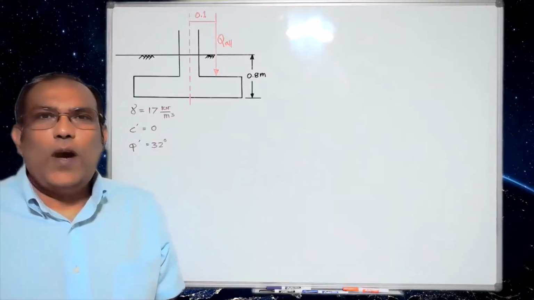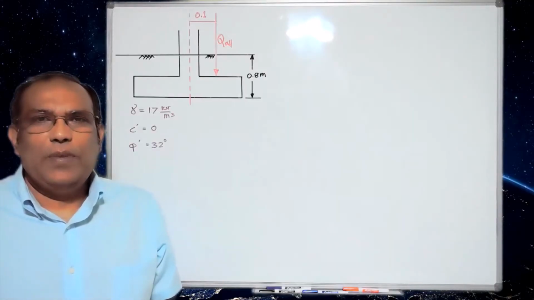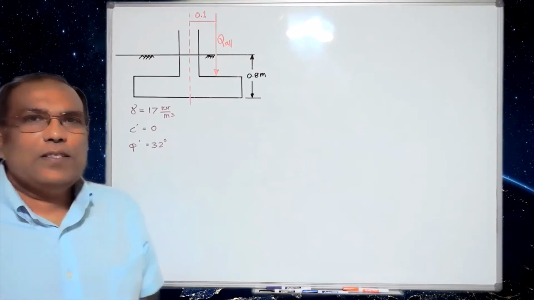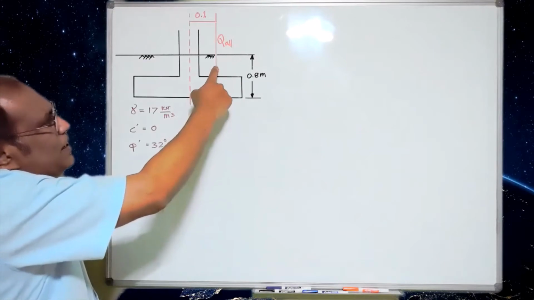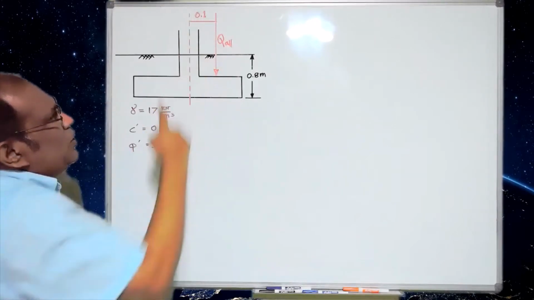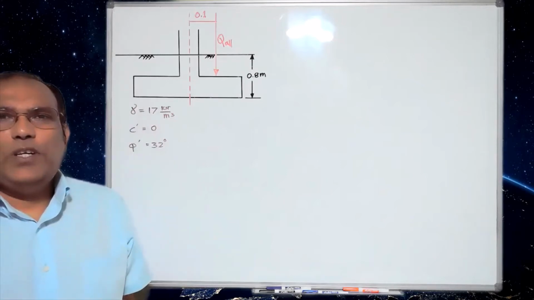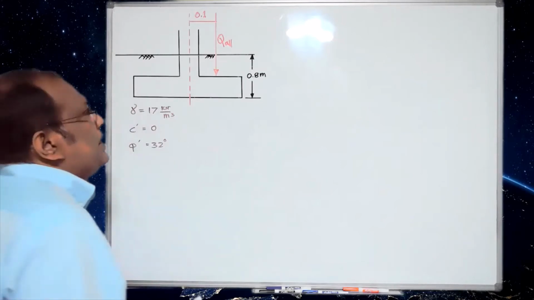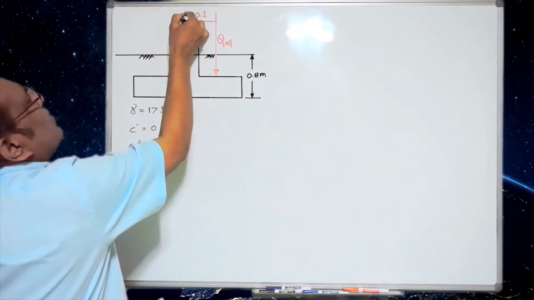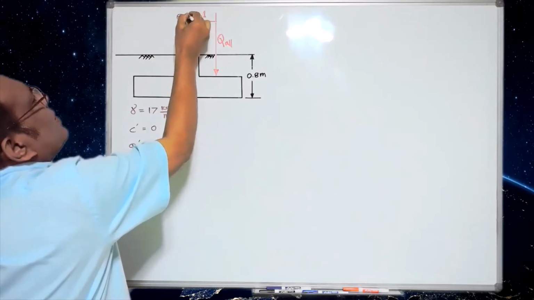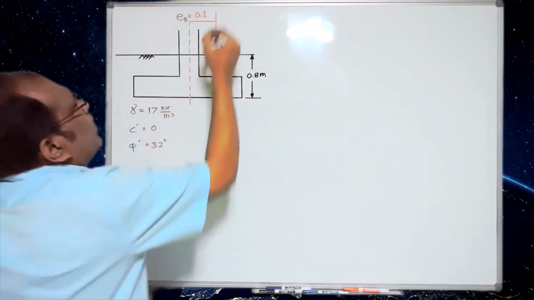So this is the drawing for problem number 2. You can see here that the force is working 0.1 meter from the center of the column. So your eB is basically 0.1 meter.